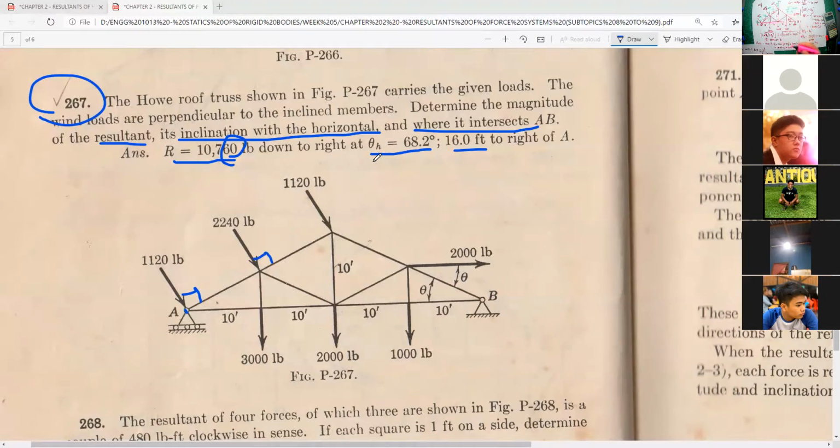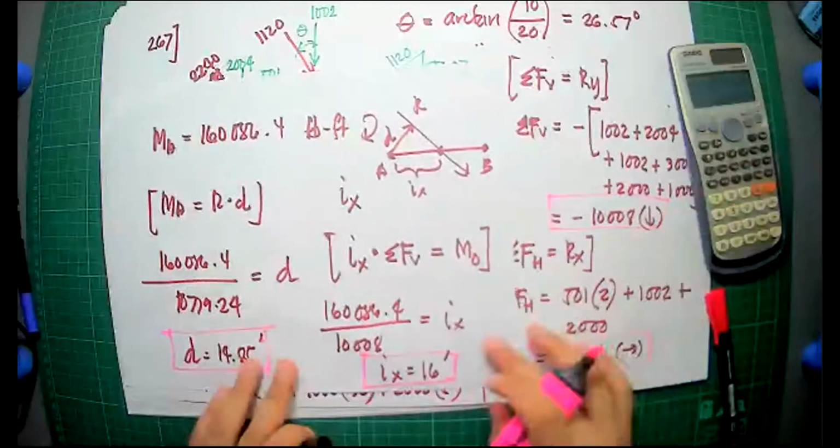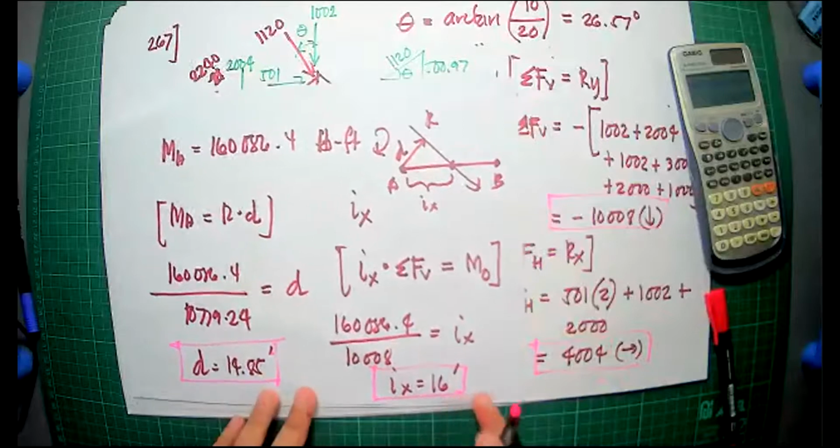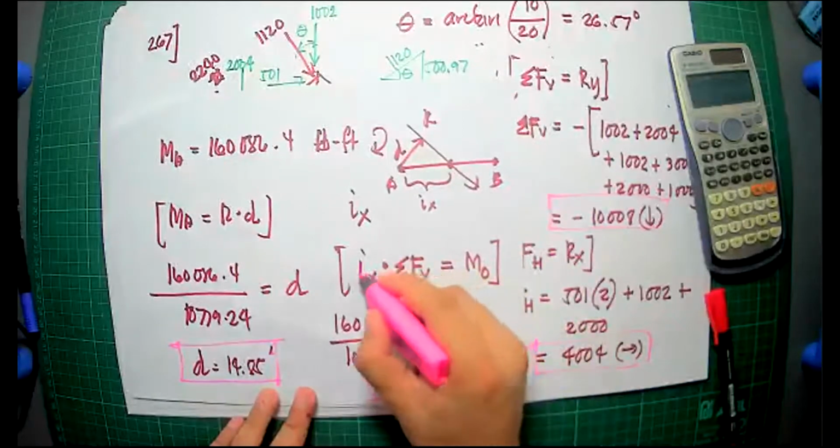If you want to know the angle, you can compute for the angle. Arctan, 10,008 divided by 4,04. Okay, the angle is 68. Yes, it's 68. What I computed is the 16, that is only I sub x.